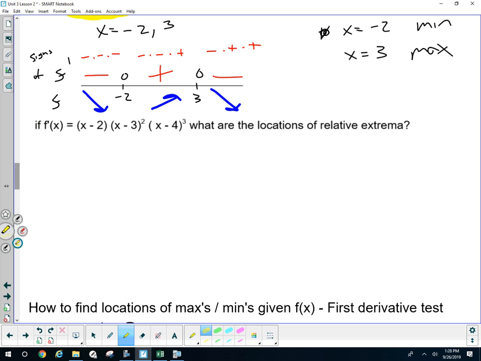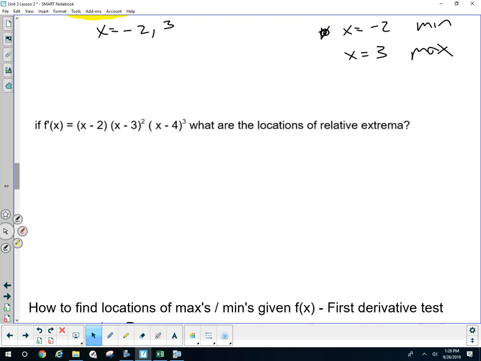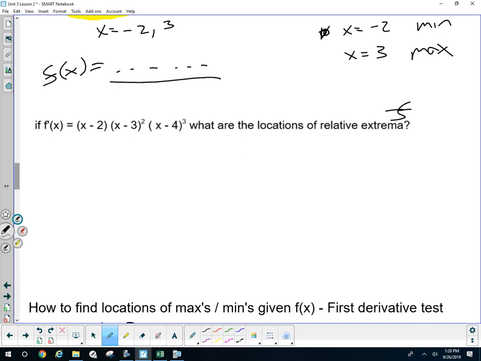Now, let's pretend that I gave you a function, f of x. And let's pretend I asked you, what are the locations of the relative extrema for f? And you're like, cool. Let me find the zeros of the derivative and do a sign analysis of the derivative.